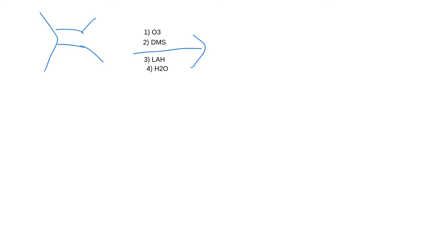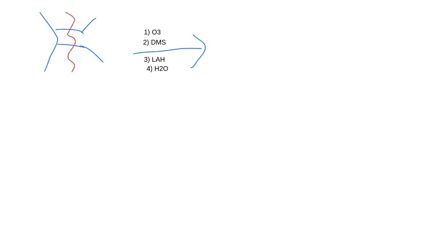So I hope you all recall that in ozonolysis, we use ozone, O3, in the presence of dimethyl sulfide, which we learned last chapter is a thioether that is a good solvent for this reaction. If we use dimethyl sulfide as a solvent and ozone, that is going to cleave this double bond in half.